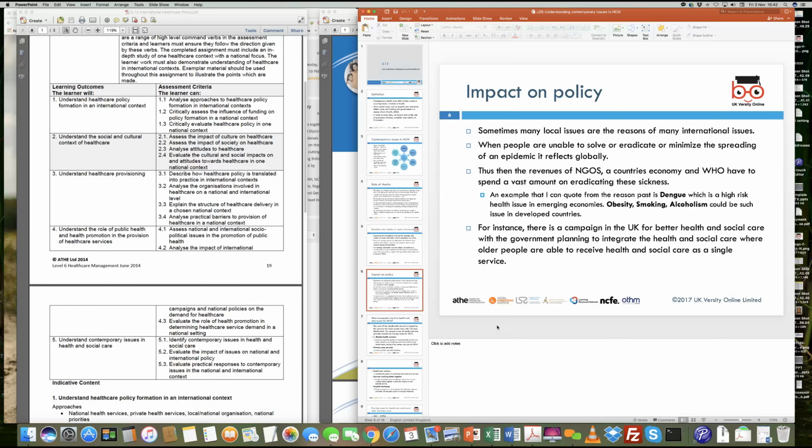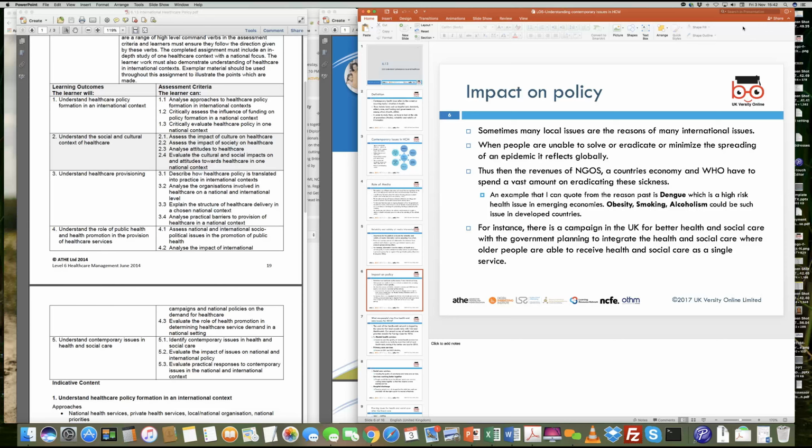And because their systems have not created provisions for treating alcohol conditions, what they want to do now is include a policy and bring it into their policy framework to have people treated for conditions related to alcohol.